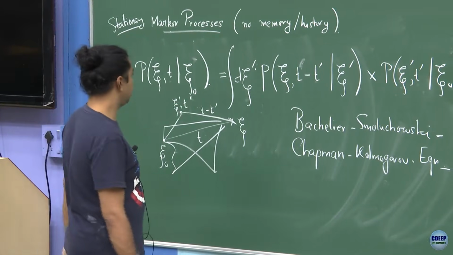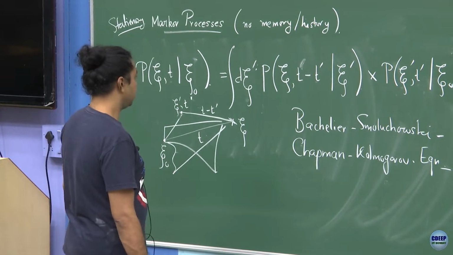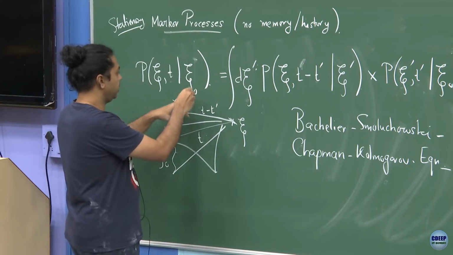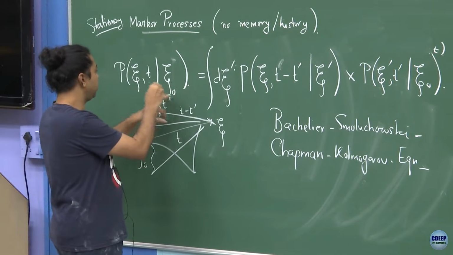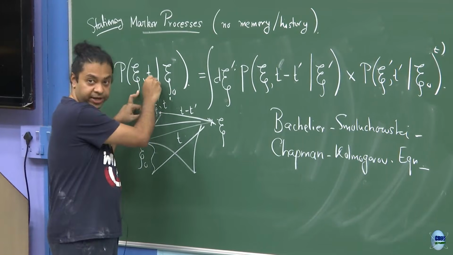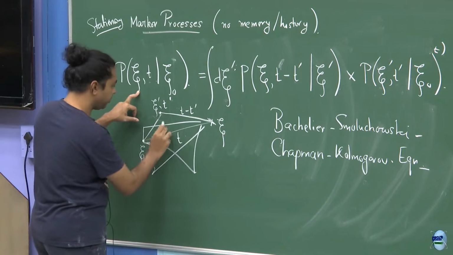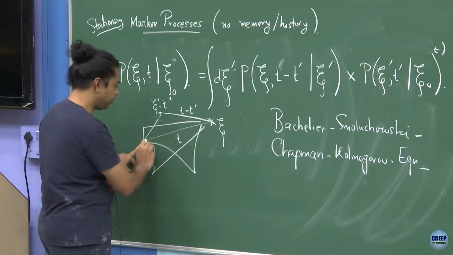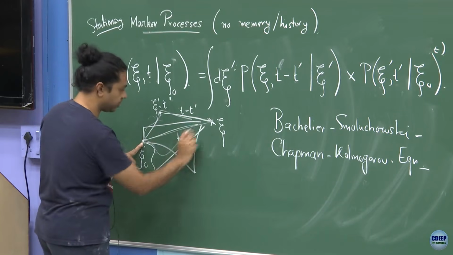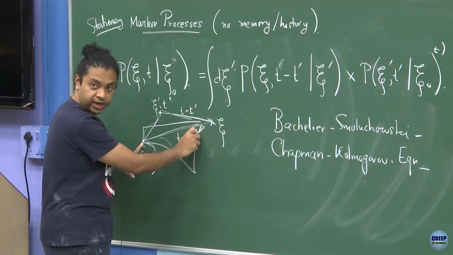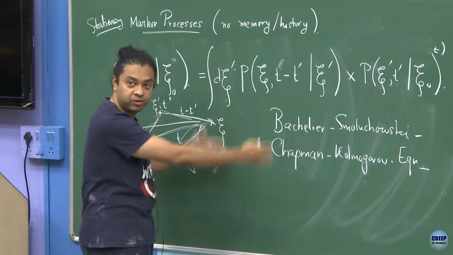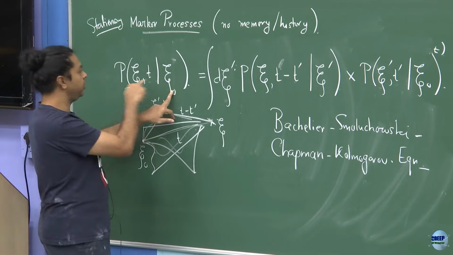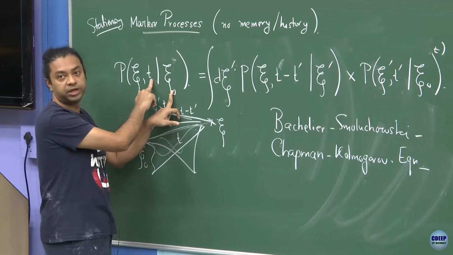No. So, essentially, this probability, that you started out at psi naught and you ended up at psi at some time, is dependent on all the possible paths that you can take to go from psi naught to psi in this time. You could have taken this path, this path, this path, and so on, right. So, all I am doing is summing over all the possible paths of this process that will take you from this point to this point in this amount of time t.